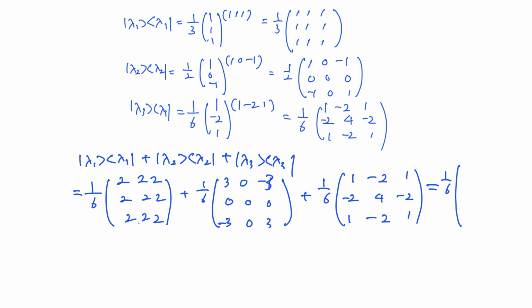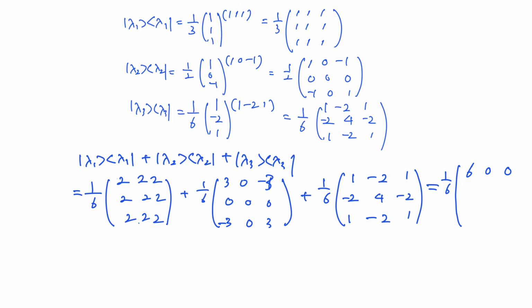What's the element? 2 plus 3 plus 1 is 6, right? How about 2 minus 2 is 0? 2 minus 3 plus 1 is 0. So we have 6, 0, 0.